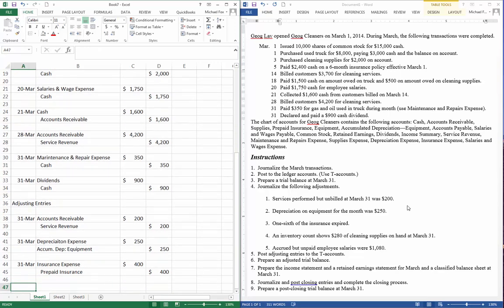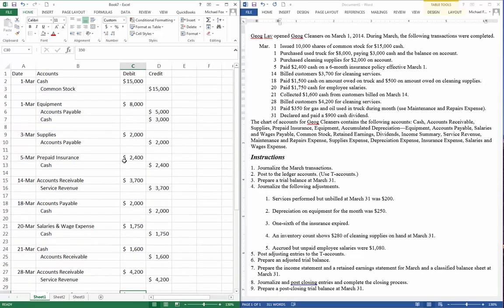All right. An inventory count shows $280 of cleaning supplies on hand at March 31st. So remember, we had 2,000 worth. Now we have 280 worth. That means we must have used up 2,000 minus 280, right?